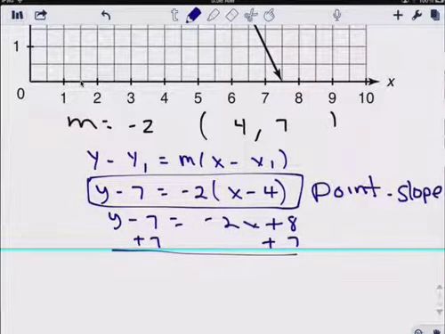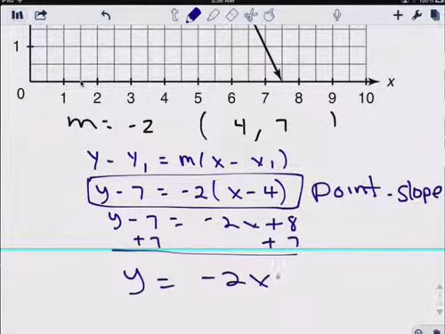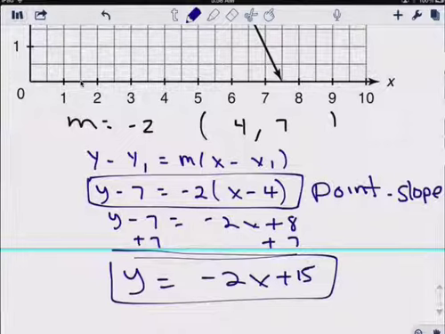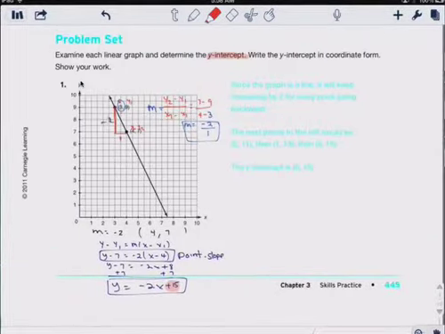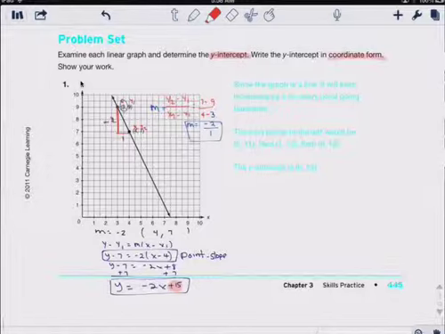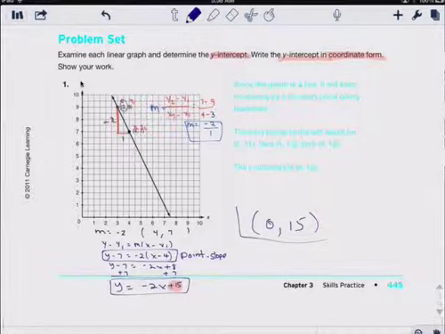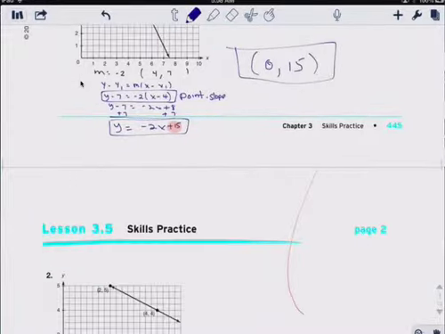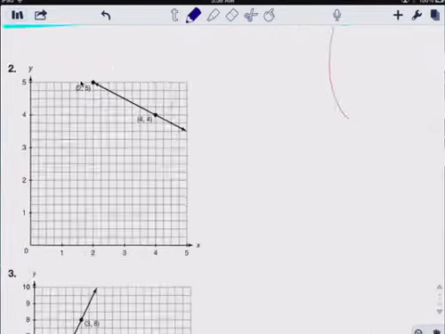Plus 7, y equals negative 2x plus 15. This is called slope-intercept form because it has the slope and the y-intercept. The question asks for the y-intercept in coordinate form. So the y-intercept then is 0, 15 in coordinate form. Okay, next problem.